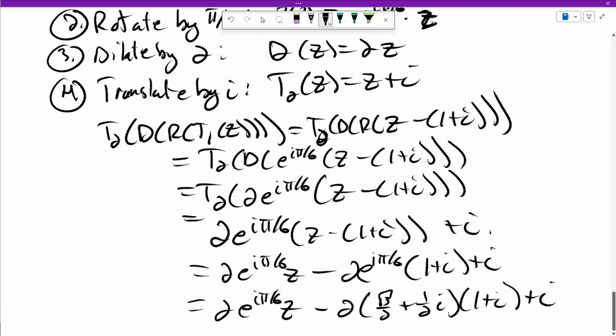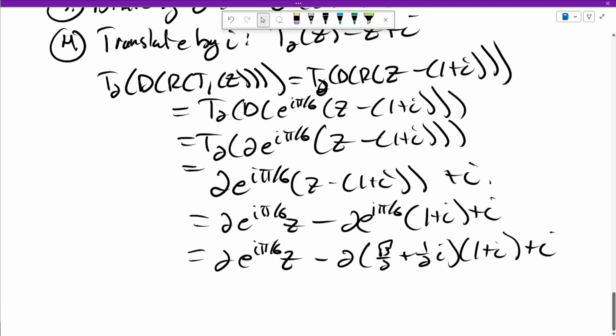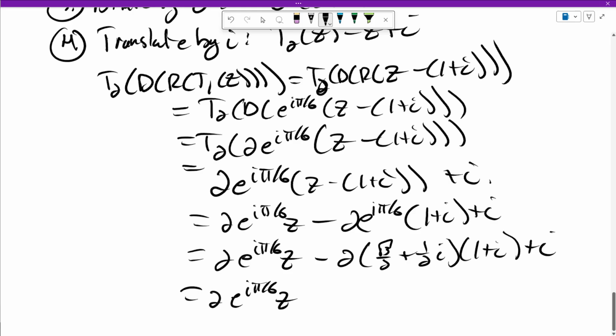And I'm not going to do the arithmetic, but if you were to do the arithmetic, what you should find is you're going to get plus 1 minus root 3 as the real part, and root 3 i as the imaginary part.